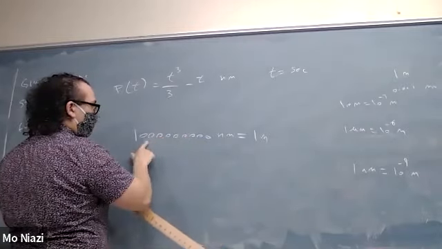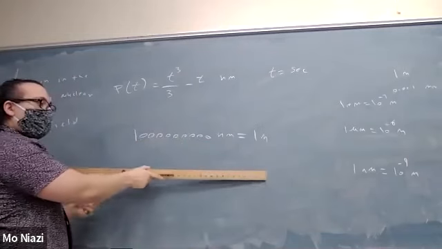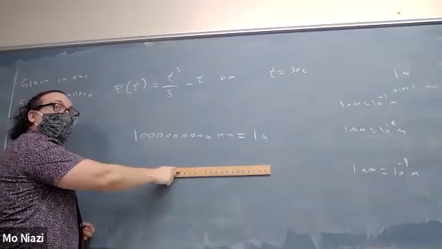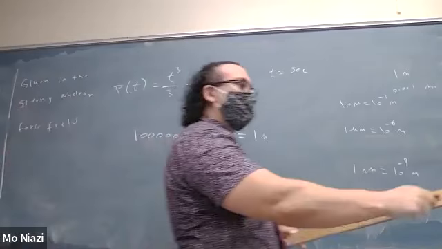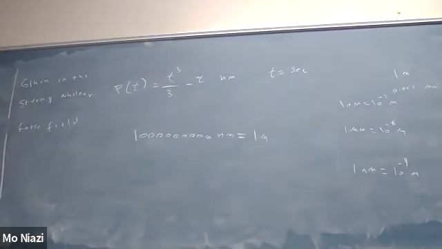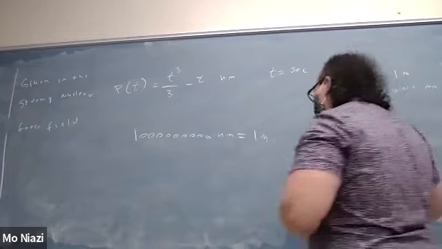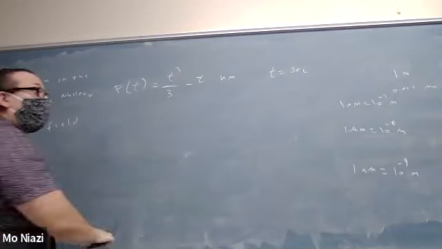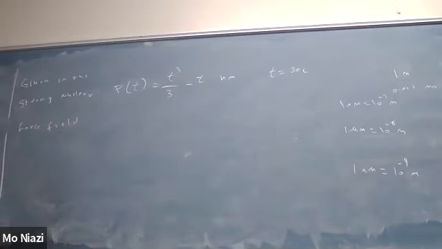Million, billion. So there's a billion nanometers just in this 1 meter stick. Isn't that cool? It's a very small length, a nanometer, the nanoscale.